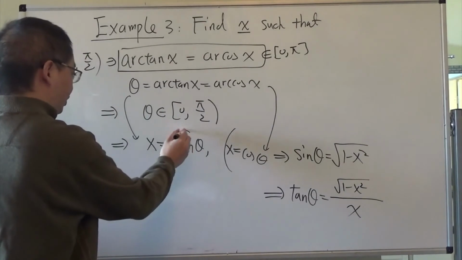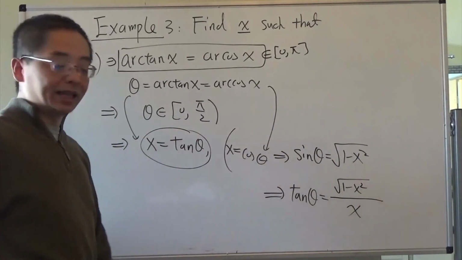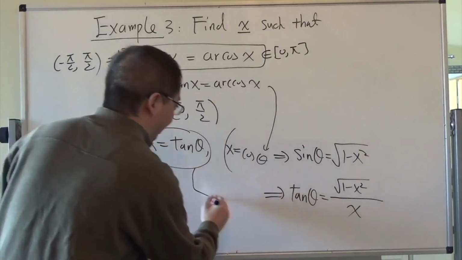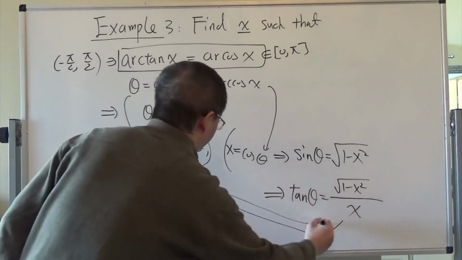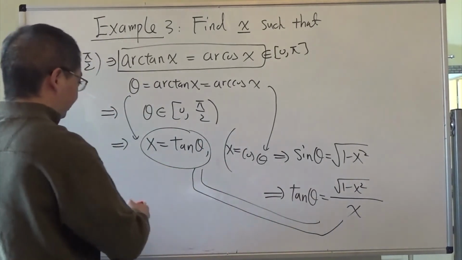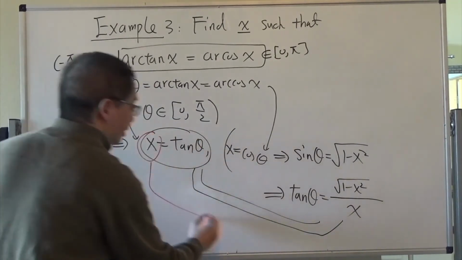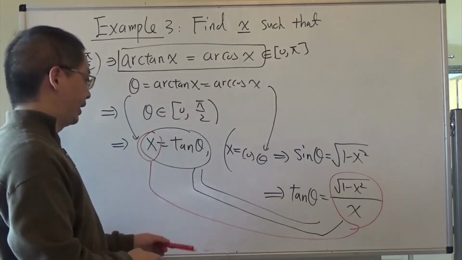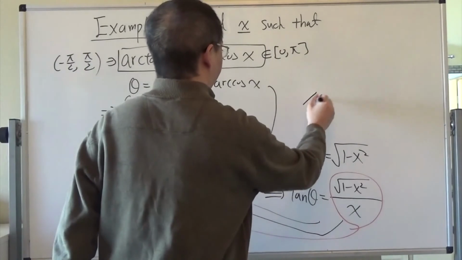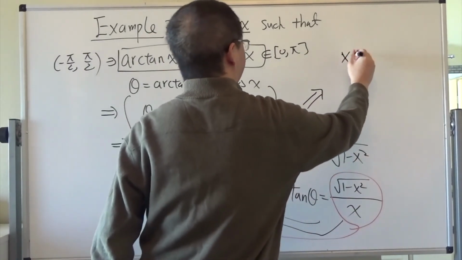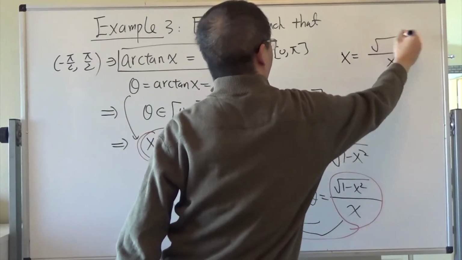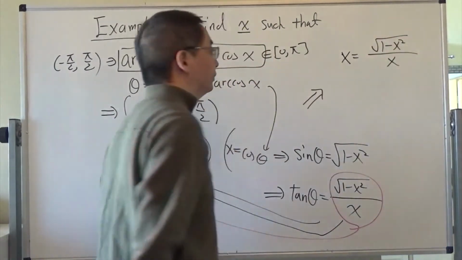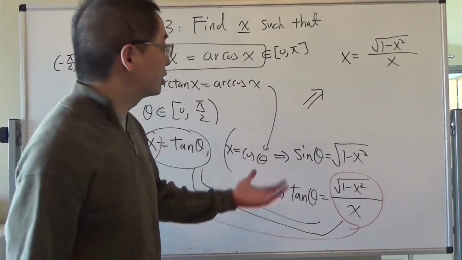And meanwhile, I have x equals tangent theta. Therefore, I get an equation: x equals the square root of 1 minus x squared over x. So from here we deduce x squared equals the square root of 1 minus x squared. And then we square both sides.